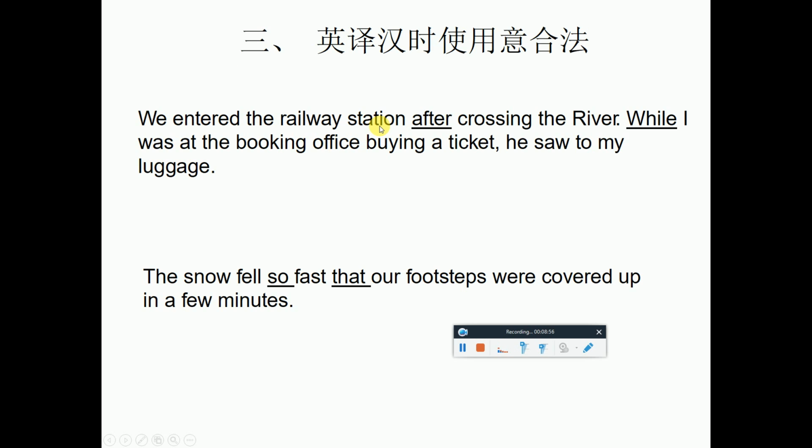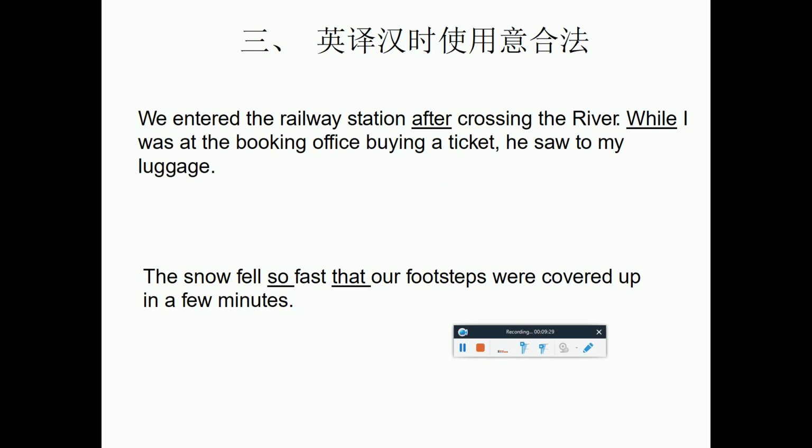The relationship between different parts of the sentence is very clear. If we translate this sentence into Chinese, we need to keep in mind that Chinese uses parataxis. We do not need so many conjunctions. The relationship sometimes is implicit.